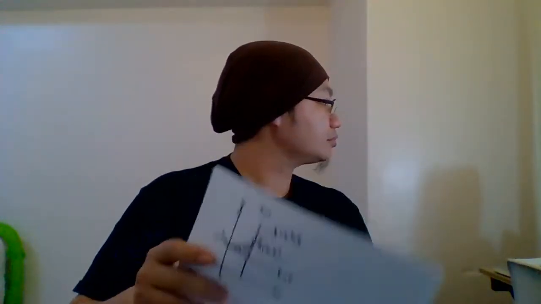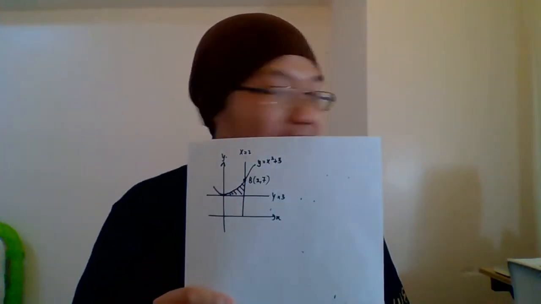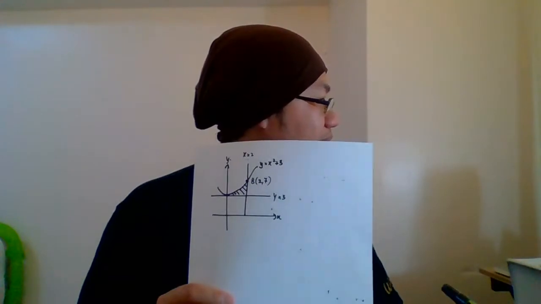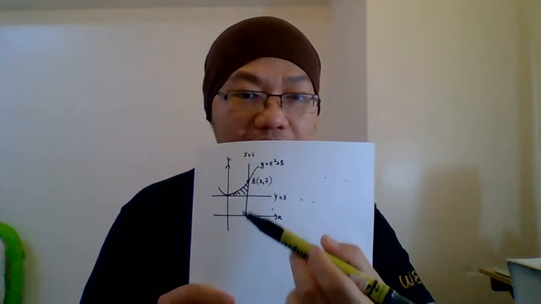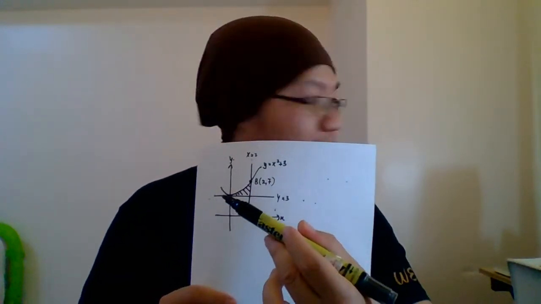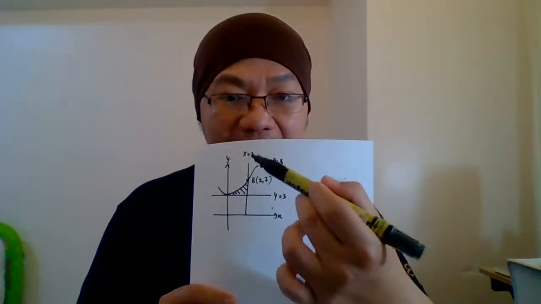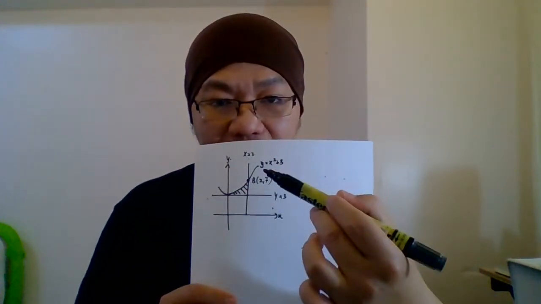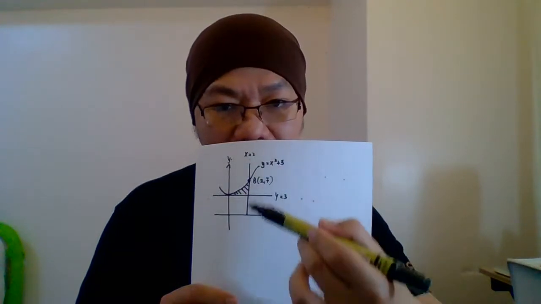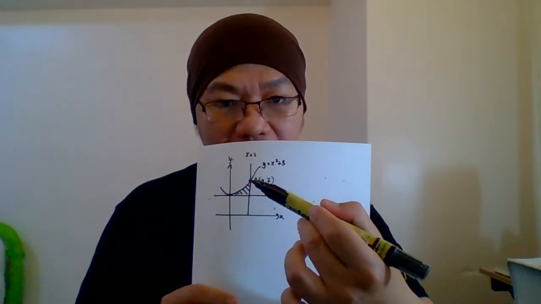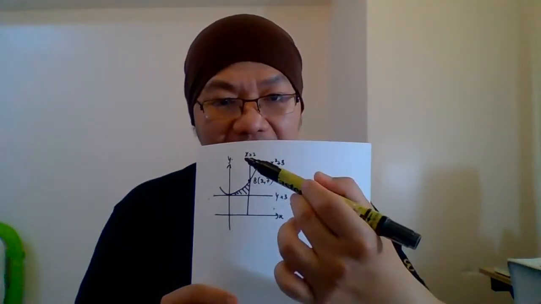Now, this is the question, the diagram. The diagram shows the curve intersecting with the straight line at the point B. The straight line is given by X equals 2.